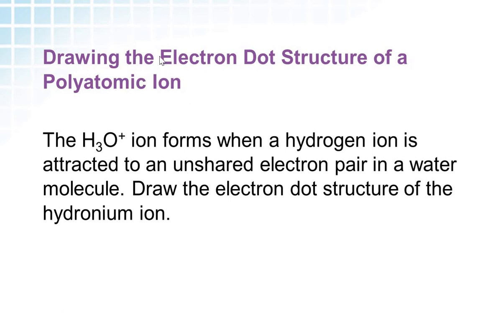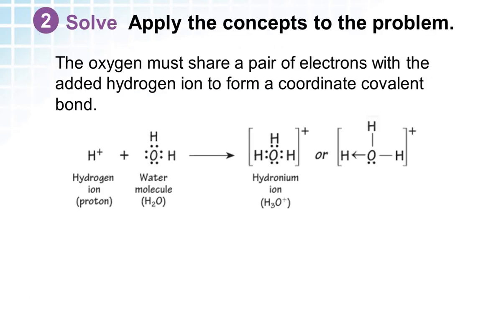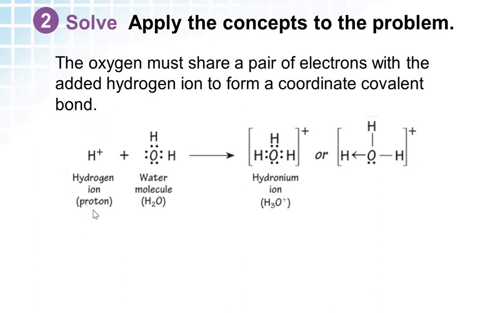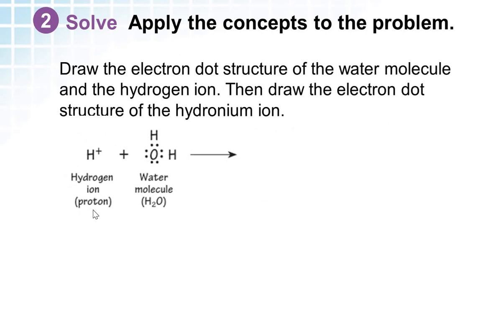We know how to draw the electron dot structure before, but according to the polyatomic ion, H3O+ forms when a hydrogen ion is attached to an unshared electron pair in a water molecule. So we have to draw it as follows. Here the hydrogen ion will form the hydronium ion with water.